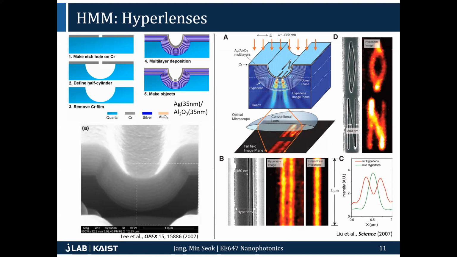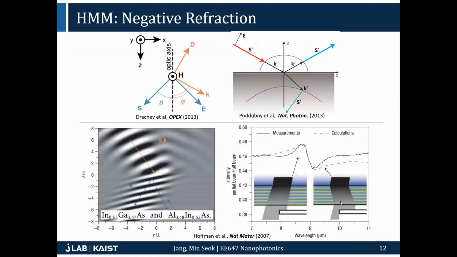So this paper also got tremendous attention at that time. Okay, and then you can also do negative diffraction, but I'll probably explain this later in the next lecture. Okay, so this is all I want to say today.